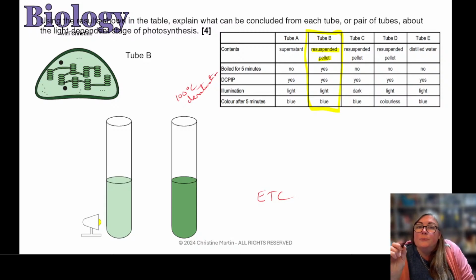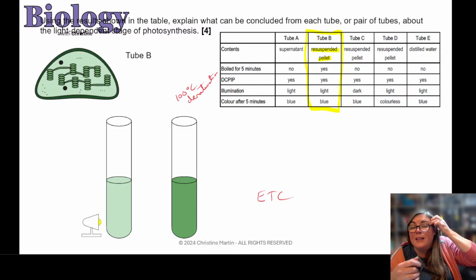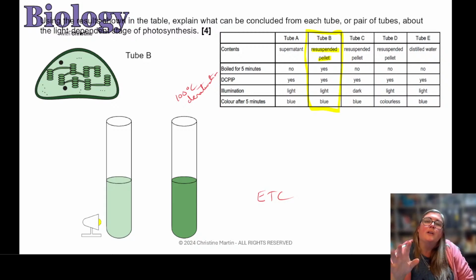So Anya, it's not the NADPH, which is the reduced NADP, or the NADP that's going to be denatured. It's the electron transport chain. It's all the proteins that are in the electron transport chain, the ATP synthase. So what you have to understand is NADP is reduced through the use of an enzyme called NADP reductase.